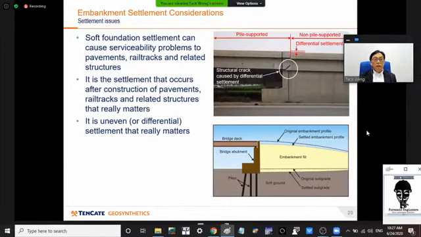Now I'll move on to settlement issues. Here's an example of a bridge abutment where the abutment is piled, and this is an actual abutment, with the embankment meeting the abutment that was not piled. You can see the differential settlement forming very quickly, and it actually has cracks forming in some parts as well.